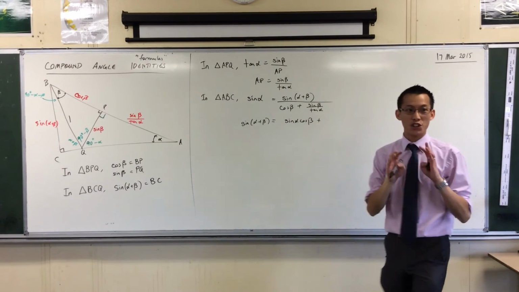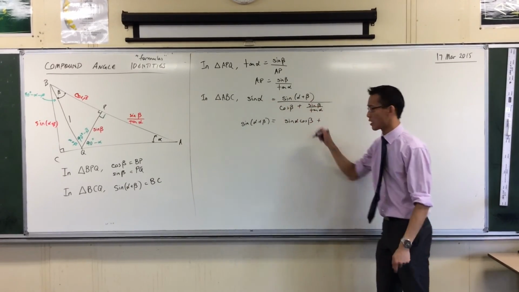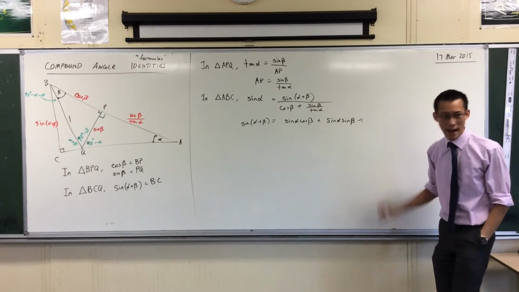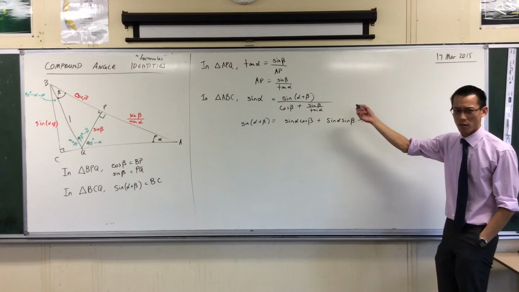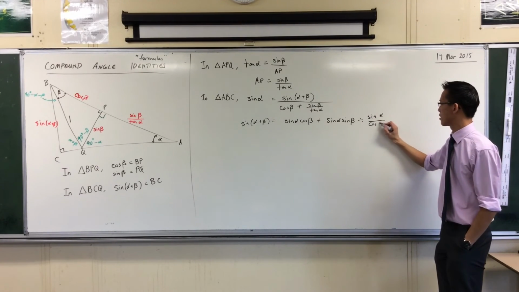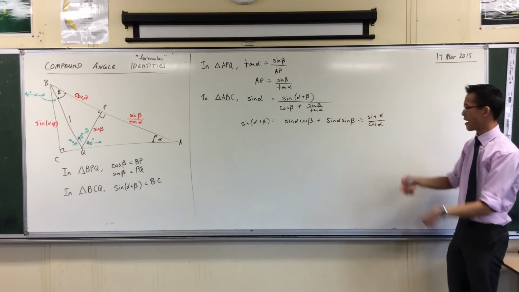Okay, now just to make it really clear, I'm going to write it out. I've got sine alpha sine beta, that's all fine, right? And then I need to divide by tan alpha. What is tan alpha? It's sine on cos, isn't it? So I can multiply by flipping it, but I don't really need to do that.